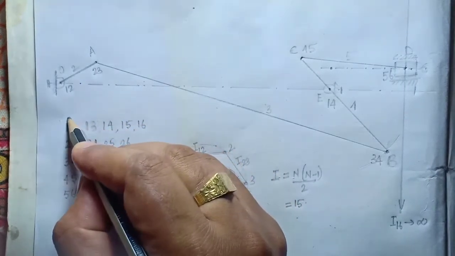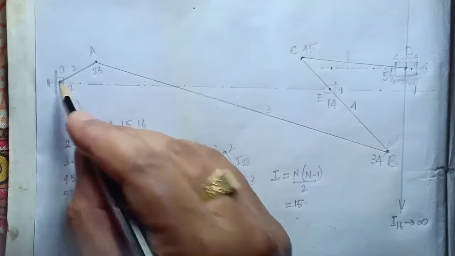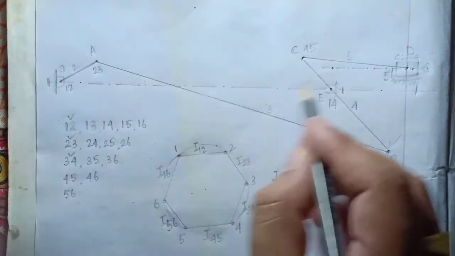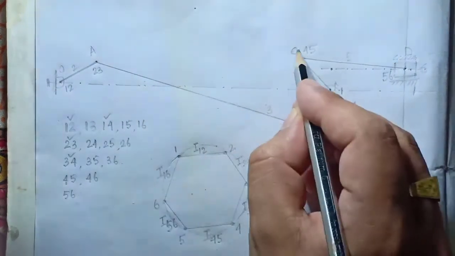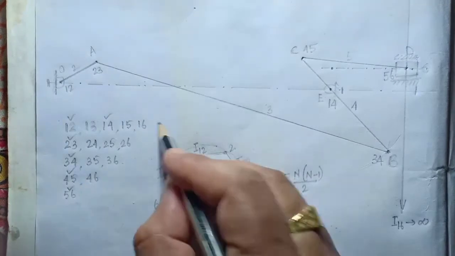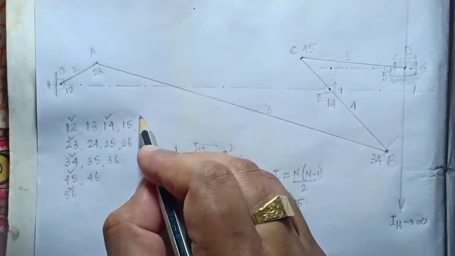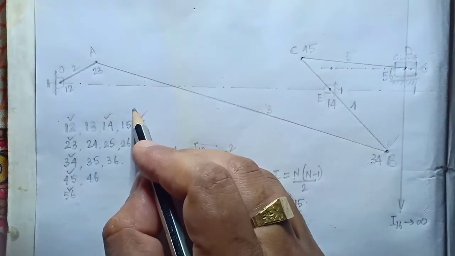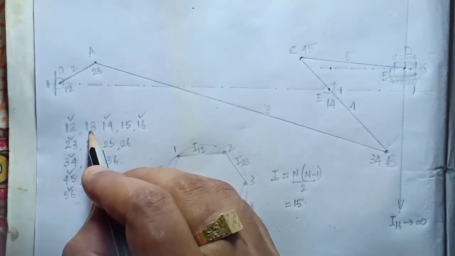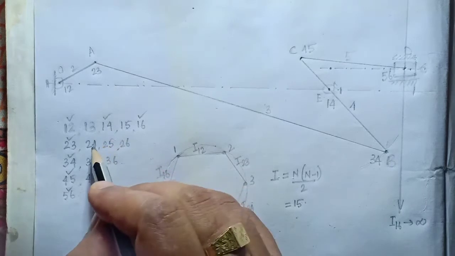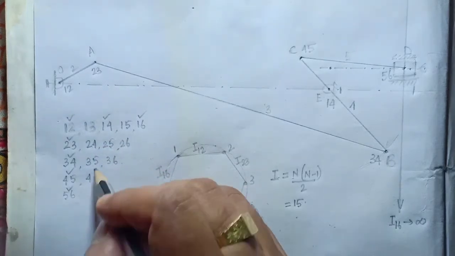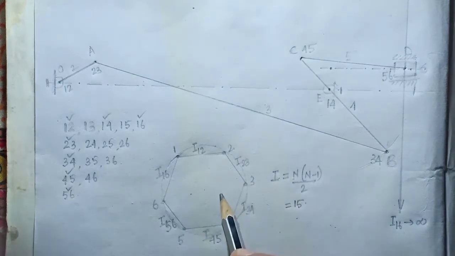Okay, so we can clearly visualize these instantaneous centers. This point is 2 3, this point is 3 4, this point is 1 4, this point is 4 5, this point is 5 6, and 1 6 is at infinity. So we cannot locate I13, I15, 2 4, 2 5, 2 6, 3 5, 3 6, and 4 6 from the diagram.